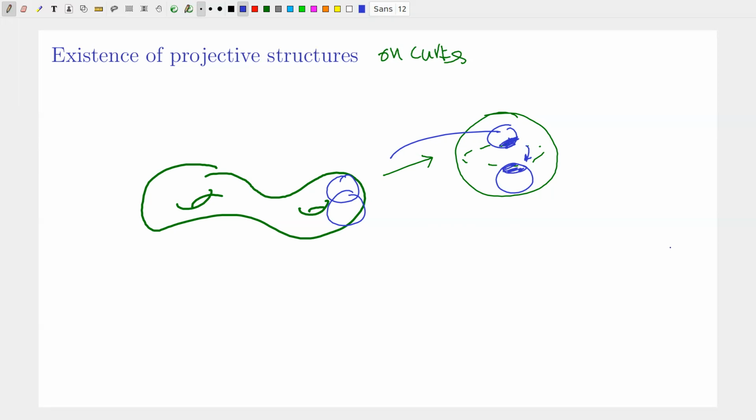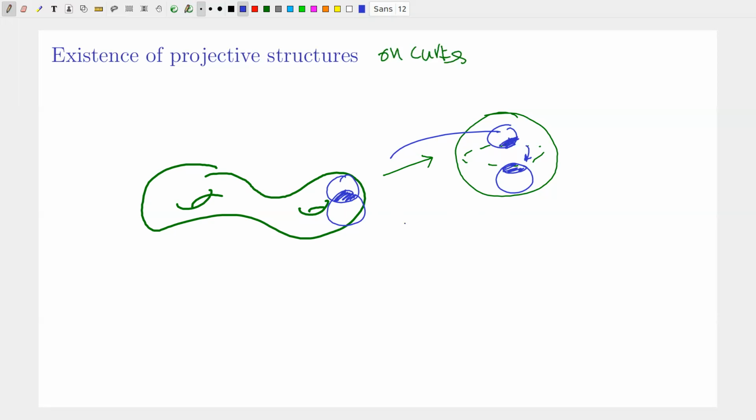If they were fractional linear transformations, we would have a projective structure. So this is not a fractional linear transformation, but we can nevertheless take the Schwarzian, as defined in the previous slide, of this change of coordinates.